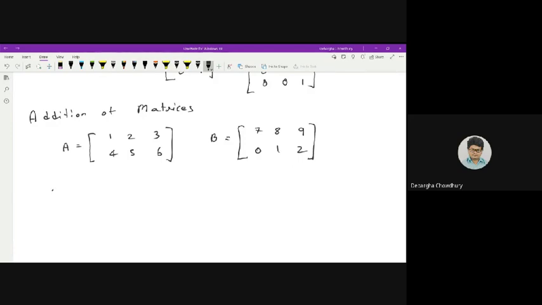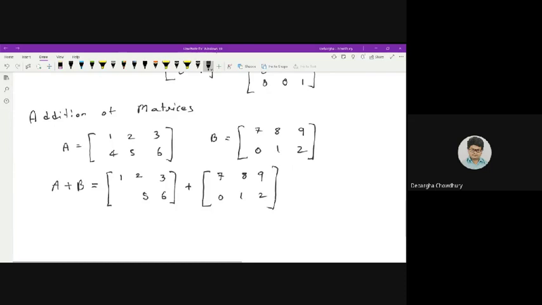So we would have to find the value of A plus B. Simply, I would write the elements of matrix A and matrix B, and we would add them. It's quite simple.